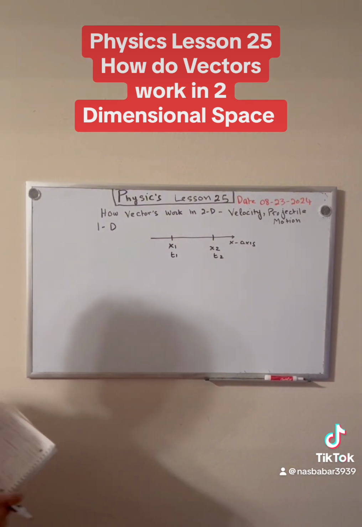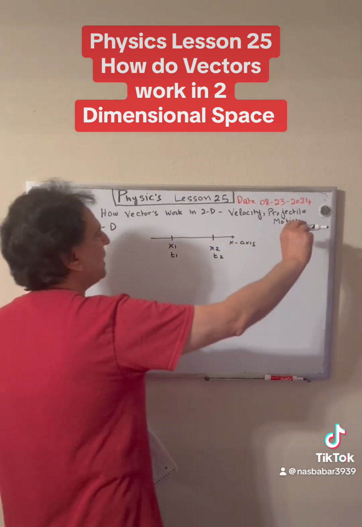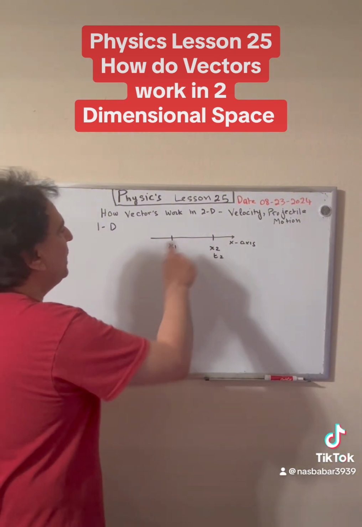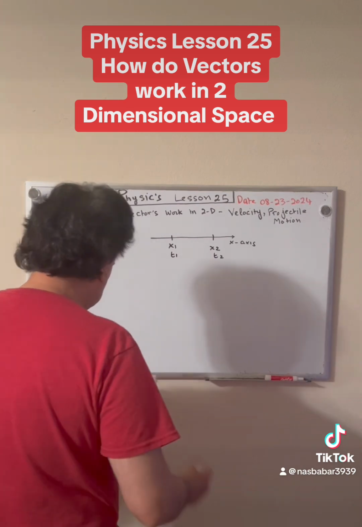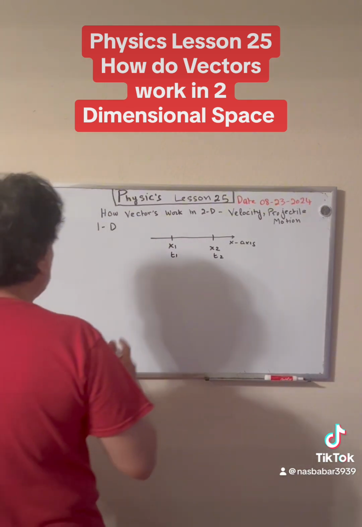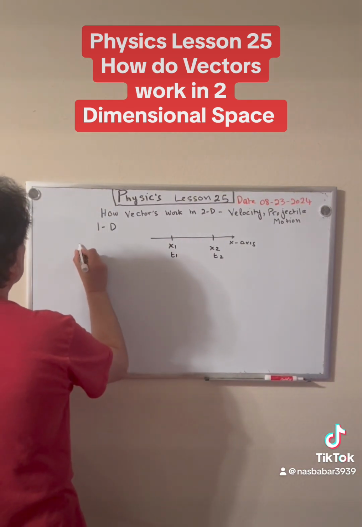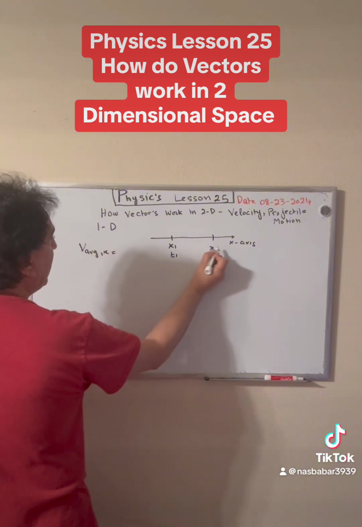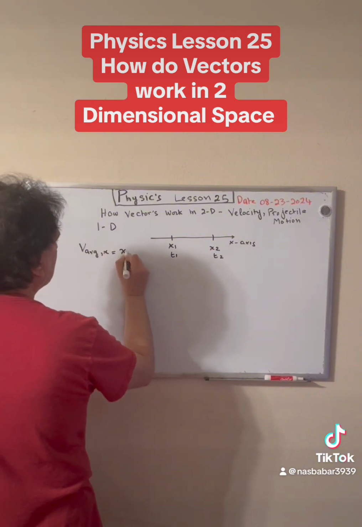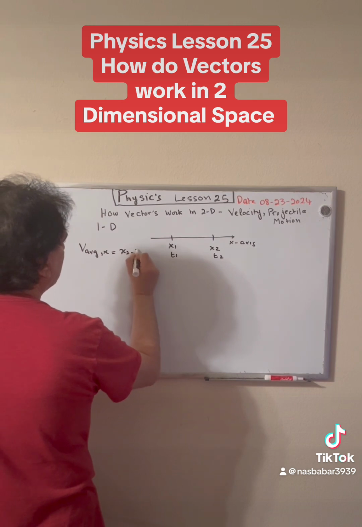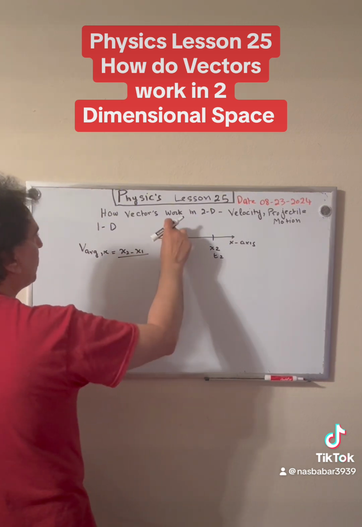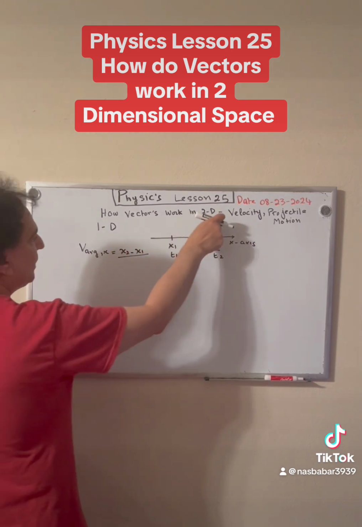So now I ask you, if there is a vehicle moving in this direction and I ask you to find the average velocity between x1 and x2, how would you do that? Basically you would say the average velocity in x is going to be x2, the final point, minus x1, the initial point, divided over the time it took for the motor vehicle to go from x1 to x2.